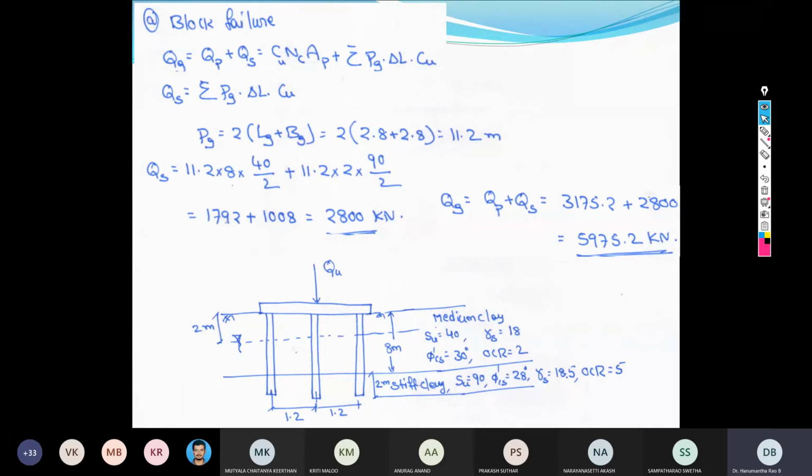Pg is the perimeter of the block, delta L is the thickness of the corresponding clay layer, and Cu is the cohesion of the respective soil layer. Since skin friction is calculated over the entire length of the pile, each layer must be considered for the calculation.